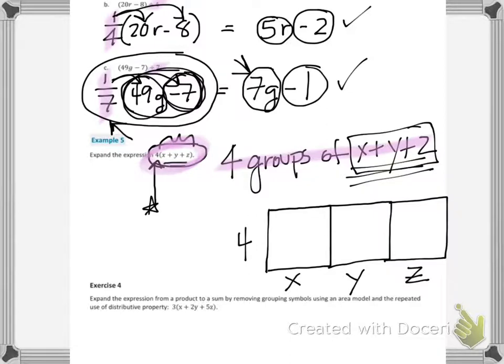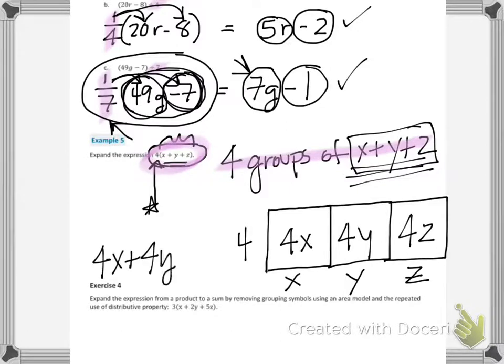That's x plus y plus z right there. If we distribute out, we have 4 times x, that's 4x, 4 times y, that's 4y, and 4 times z, which is 4z. Written numerically, we would just say 4x plus 4y plus 4z.